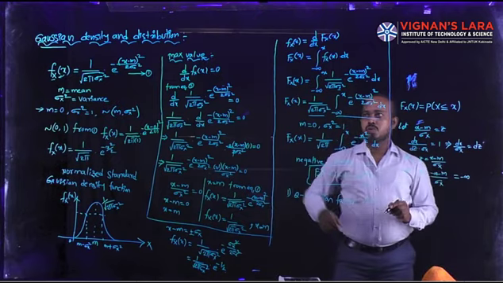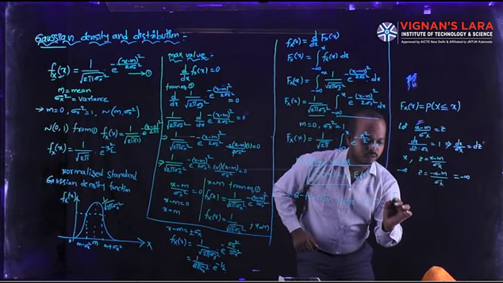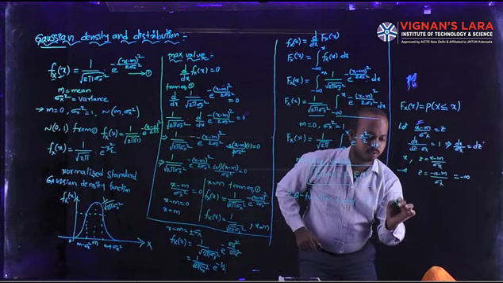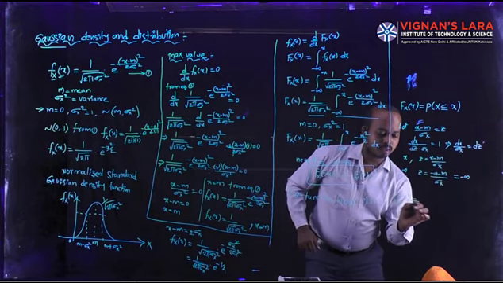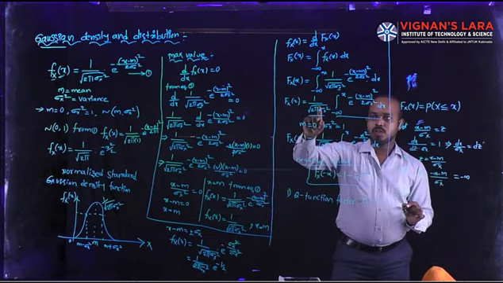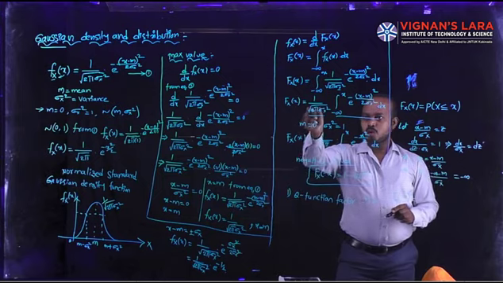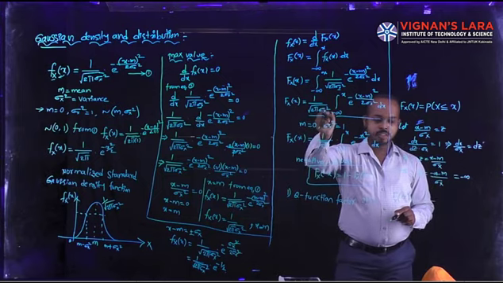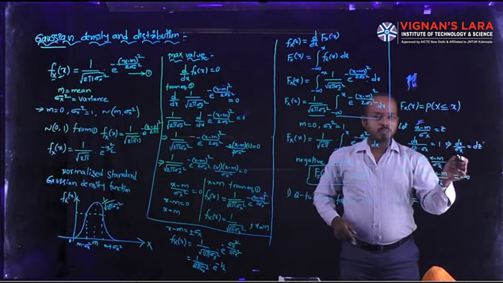Z values I am replacing in x terms, that's why I am rewriting the function. What is the x value? fx of x is equal to the integral. First of all you can write 1 divided by square root of 2 pi sigma x square, but you need the value dx by sigma x.